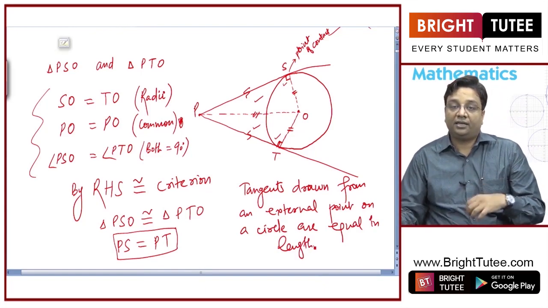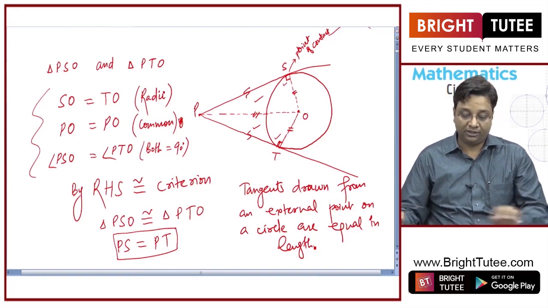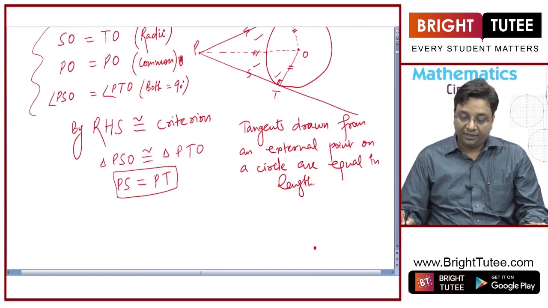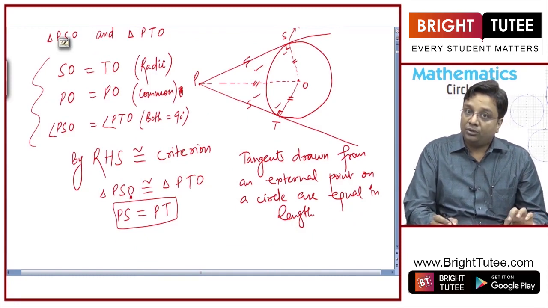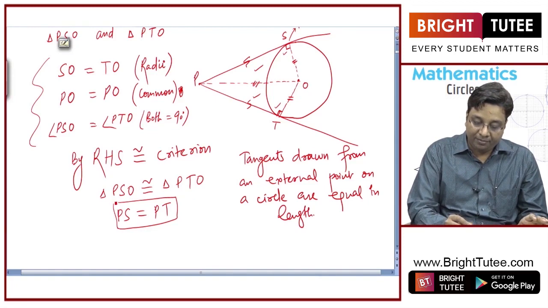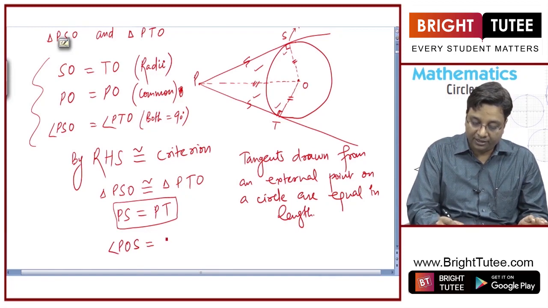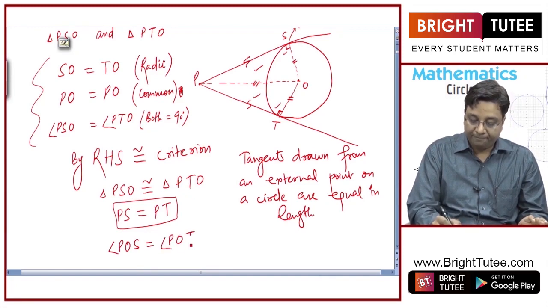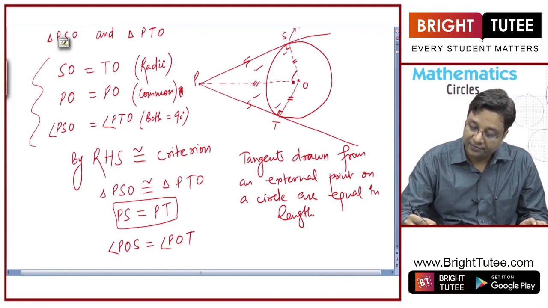There are other equally important results which we can draw from this congruency. If triangle PSO is congruent to triangle PTO, we can say that angle POS is equal to angle POT, right? This angle here is equal to this angle.